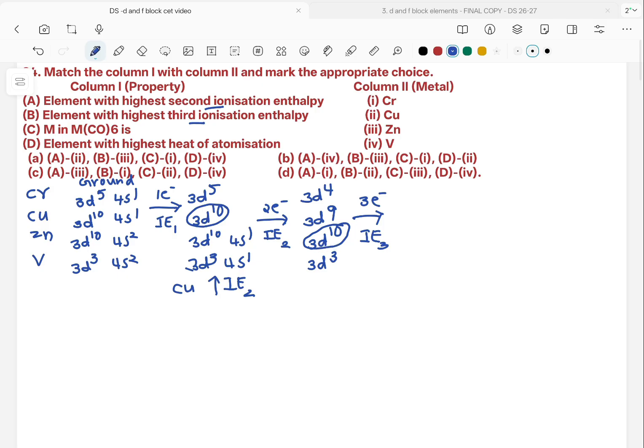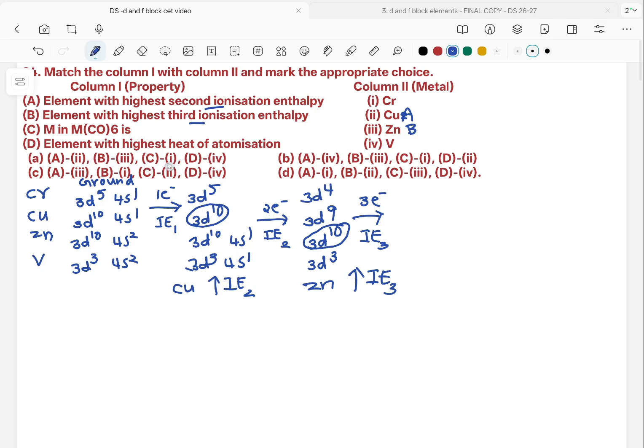Therefore, zinc should have very high third ionization enthalpy. So the element with the highest second ionization enthalpy is copper, that is A, whereas third ionization enthalpy is zinc, that is B here. So looking at the options, A 2, B 3, option A should be correct.